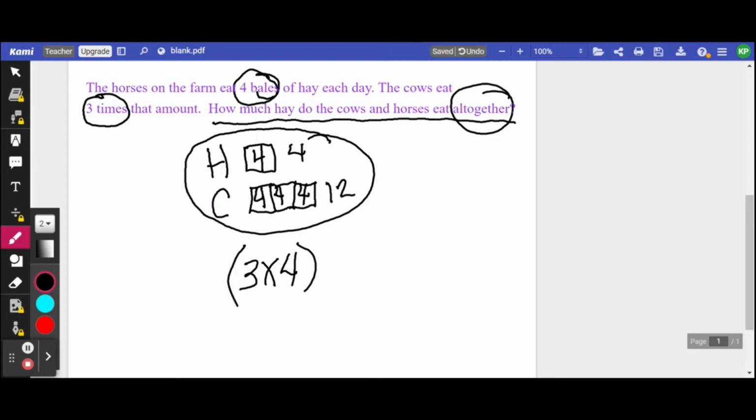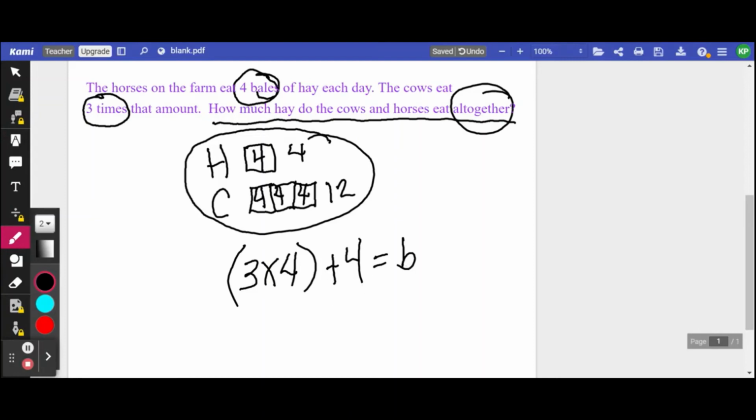And then here we need to do all together. So we also need to include the amount that the horse had. So that was 4 bales that the horse had. So this is a total amount of bales. We don't know how many it is yet, so that's why we have a B there. That is a variable. Remember, a variable can be any lowercase letter. It just stands for an unknown amount. So we've got the cow amount, 3 times 4, plus the additional 4 equals the bales.